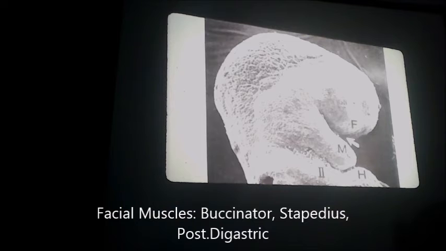But then I want you to include, coming from the second arch, buccinator, cheek muscles, and posterior digastric. So anterior digastric from here, posterior digastric from the second arch, and then put in the little tiny muscle that actually migrates up as the stapedius, goes to the inner ear to help protect your cochlea.